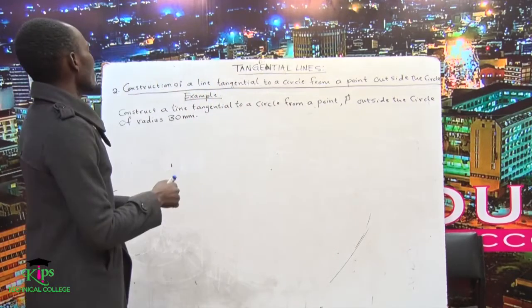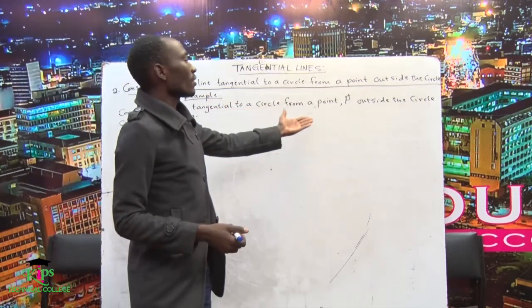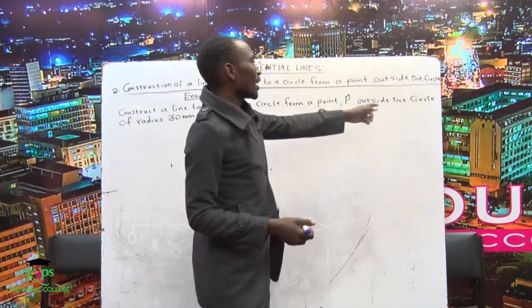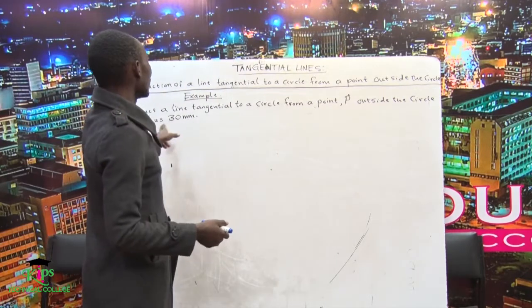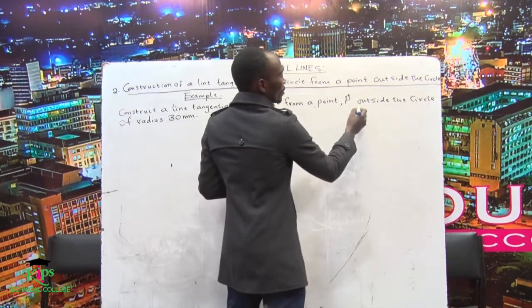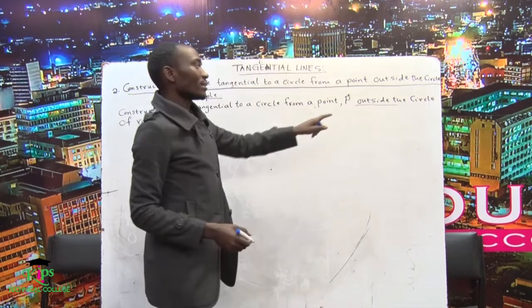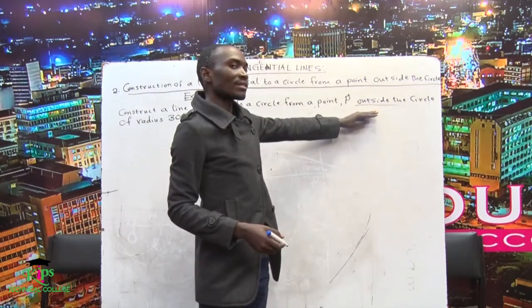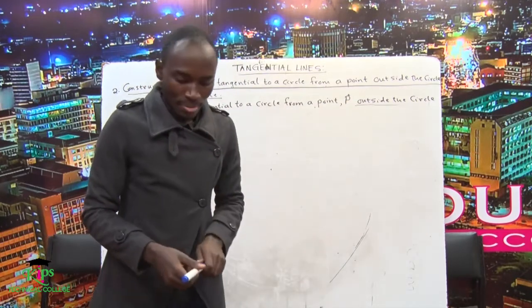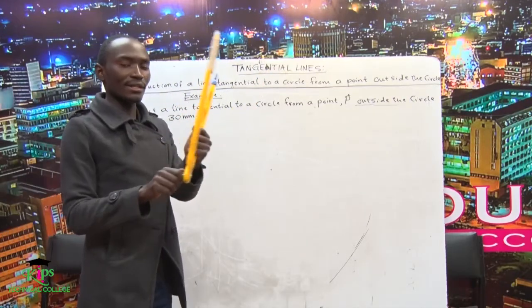So in this case, you have been told to construct a line tangential to a circle from a point P outside the circle of radius 30 millimeters, and you need to take note of this. These are very important points. From a point outside the circle. So first of all, you'll take up your compass like this.